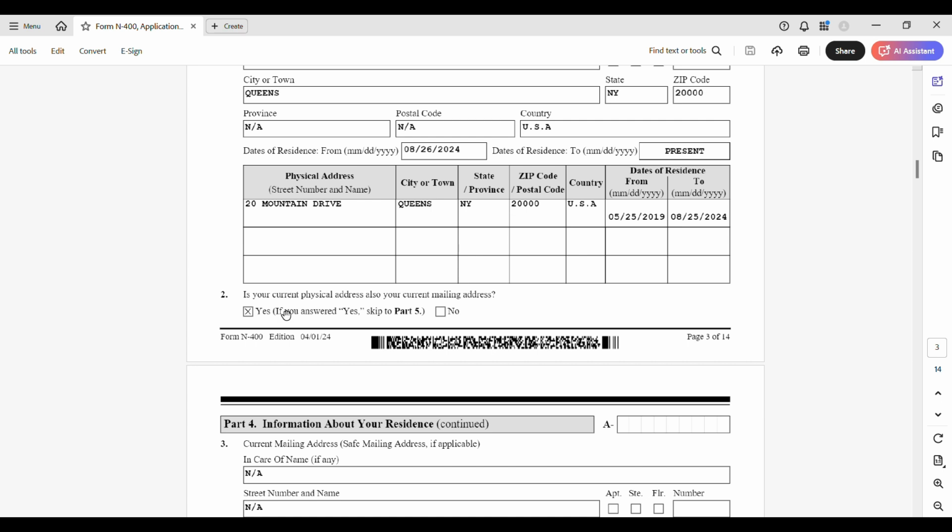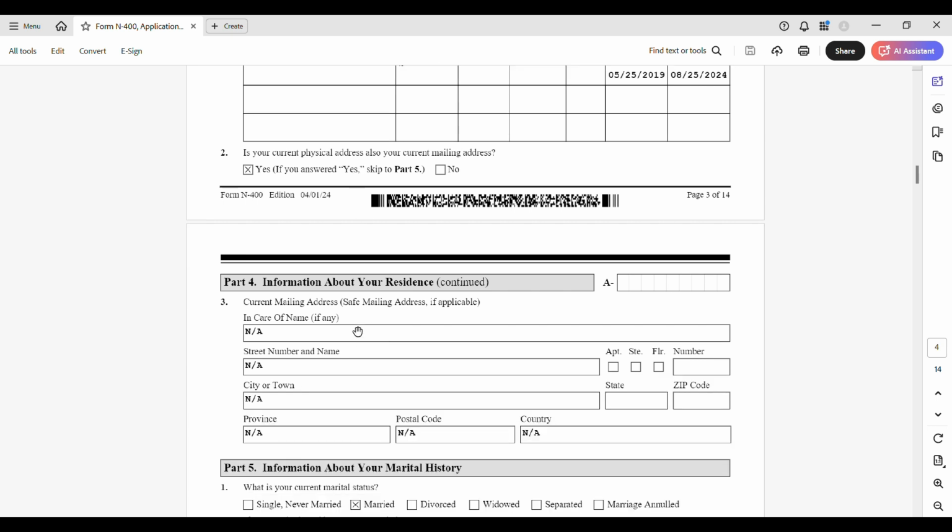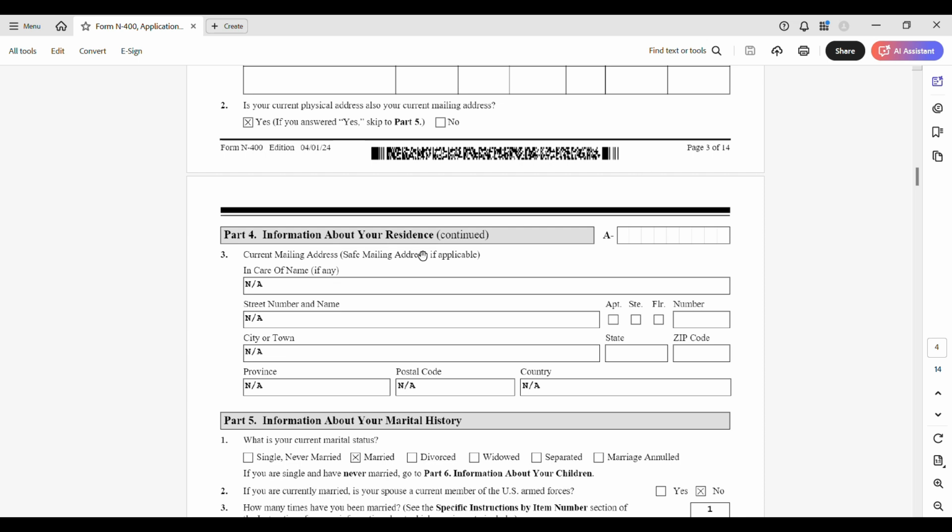Is your current physical address also your current mailing address? In this case, it is yes. If you have a different situation, then you would select the correct response. Part 4, information about your residence, continuing from the previous section.